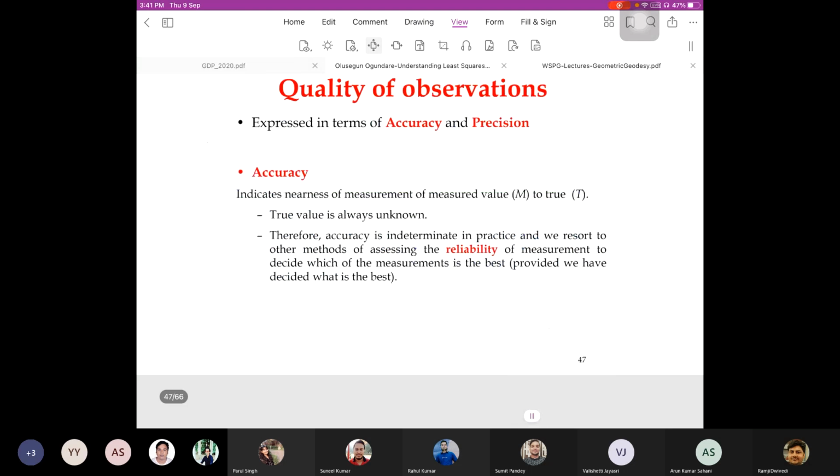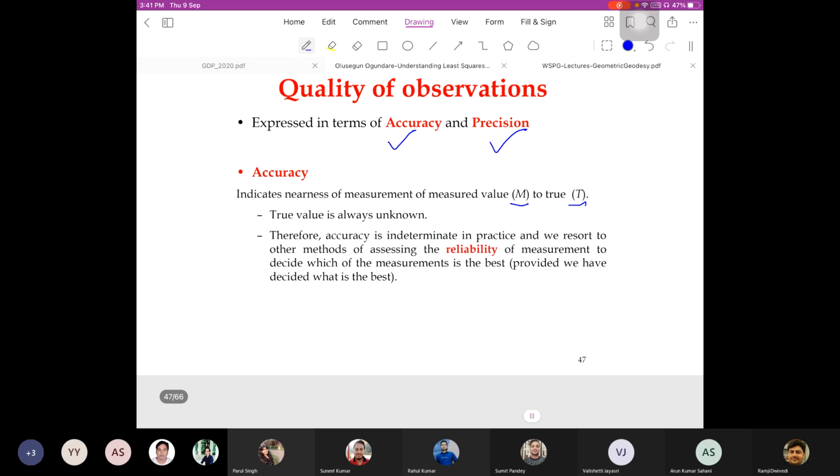So next, our objective is to understand the quality of the observation. As we discussed in the laboratory class, the quality of the observation is expressed in two terms. One is obviously the accuracy, and another is precision, as we discussed yesterday. Accuracy indicates nearness of the measured value m to the true value.